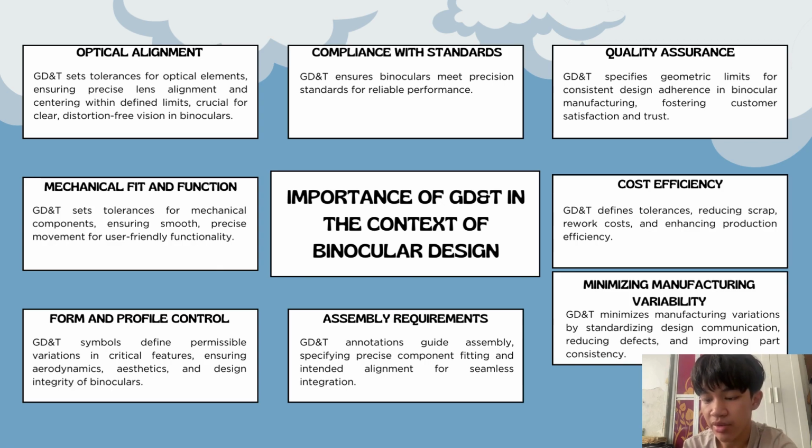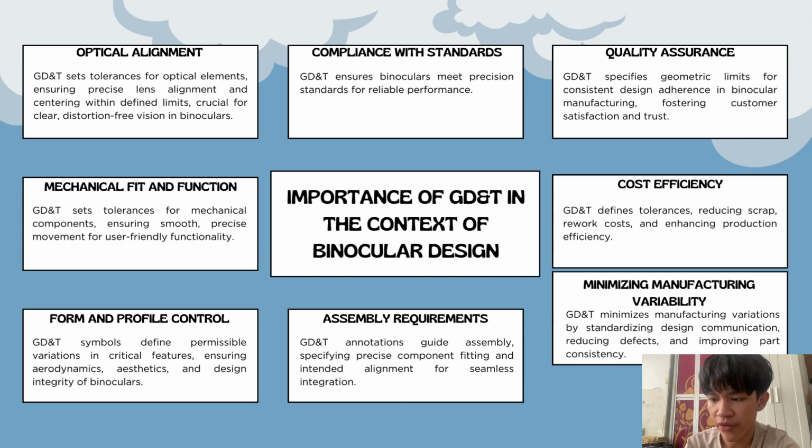Next, assembly requirements. GD&T annotations guide assembly, specifying precise component fitting and intended alignment for seamless integration. Next, minimizing manufacturing variability. GD&T minimizes manufacturing variation by standardizing design communication, reducing defects, and improving part consistency.